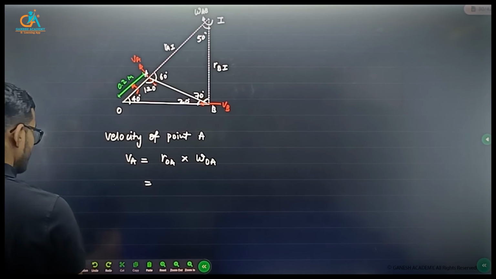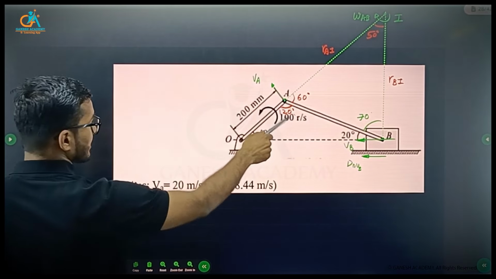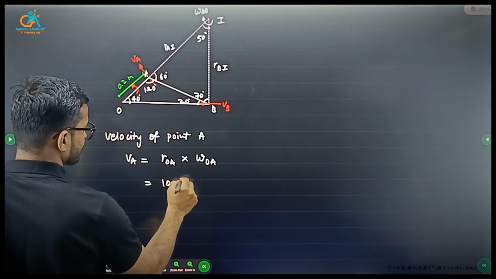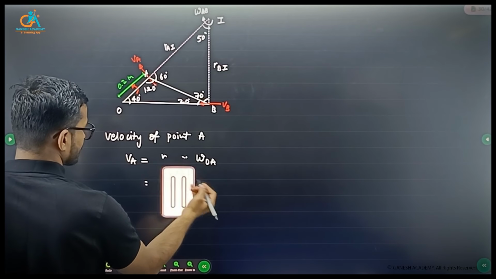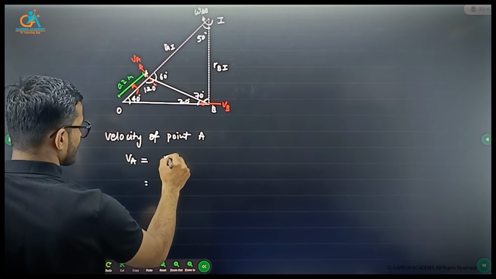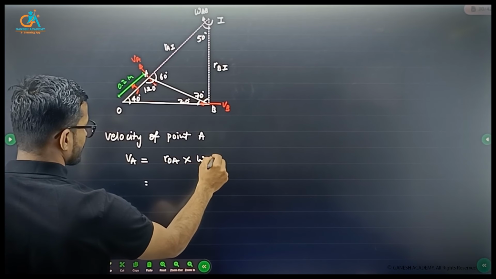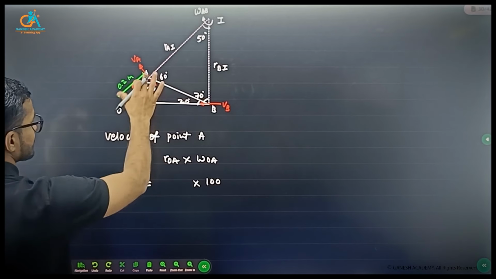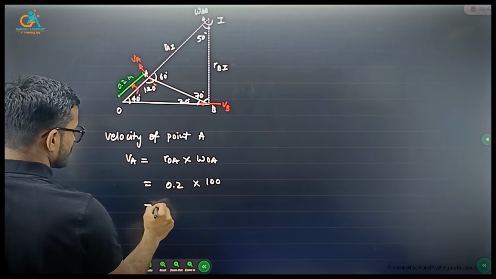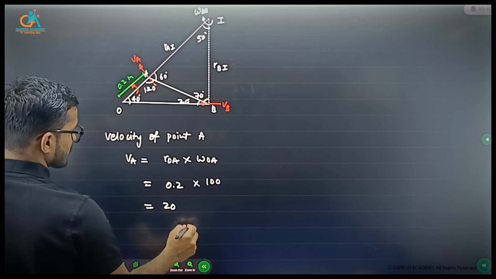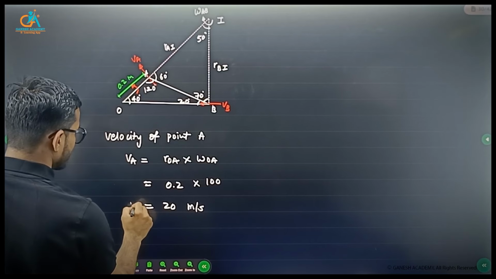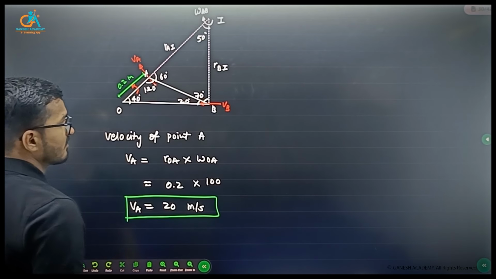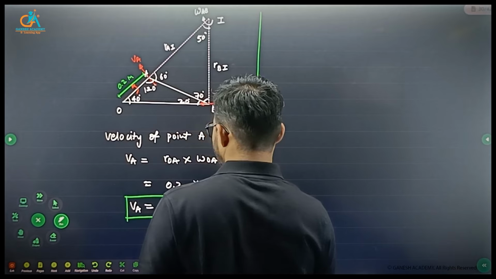So it is given 100 radian per second, and this distance is 0.2. So you'll get 20 meter per second, the value of velocity at point A.